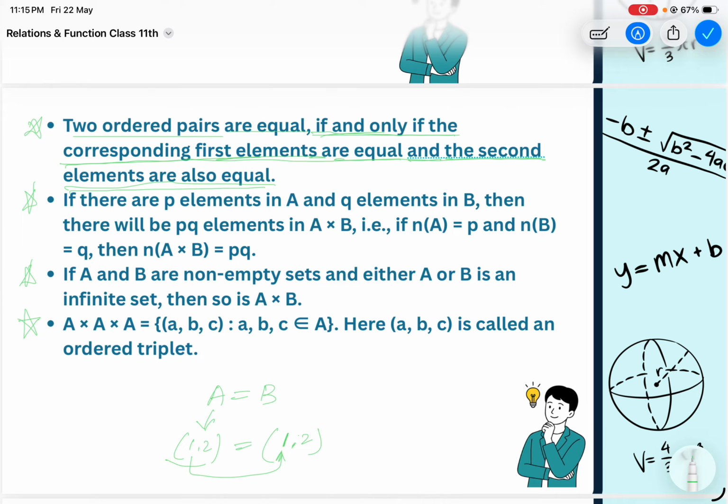This is also an ordered pair, this is also an ordered pair. So two ordered pairs are equal if and only if the corresponding first elements are equal and the second elements are also equal.